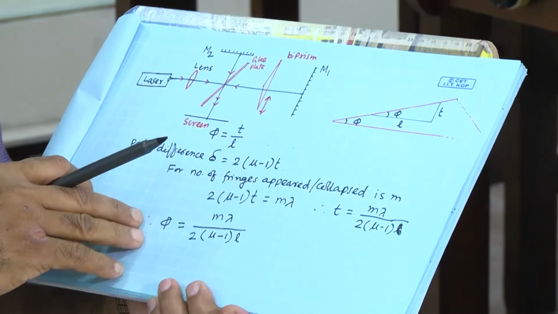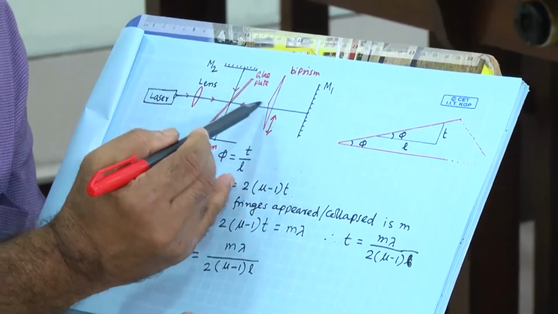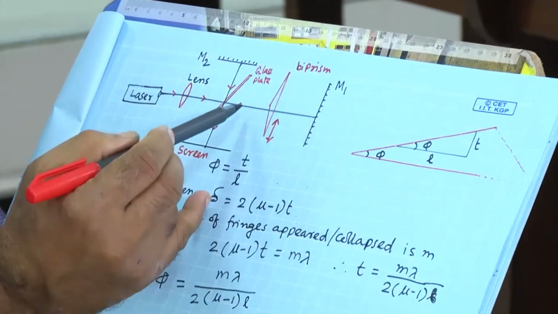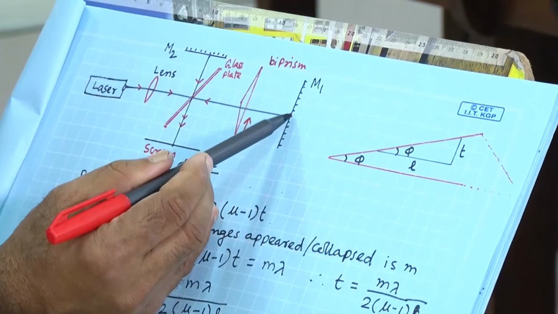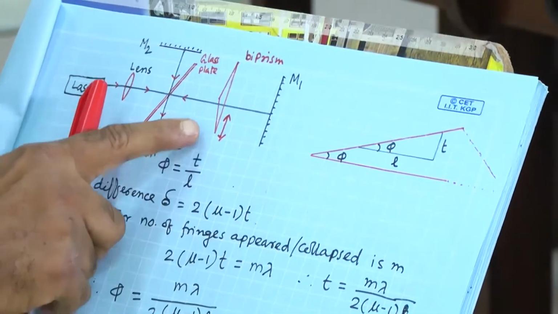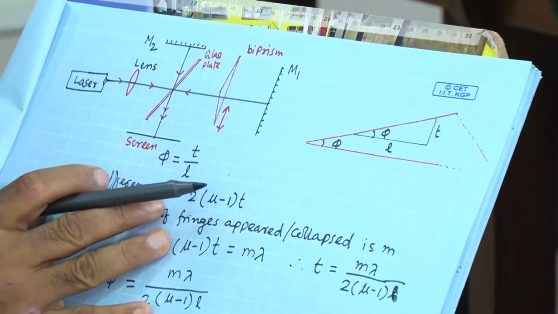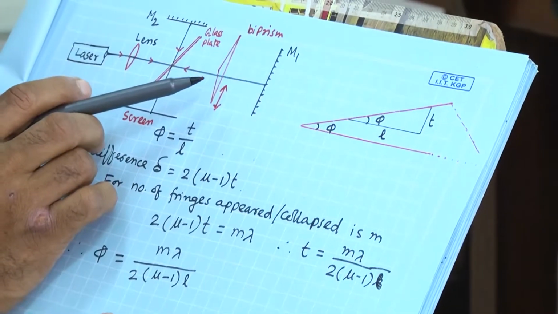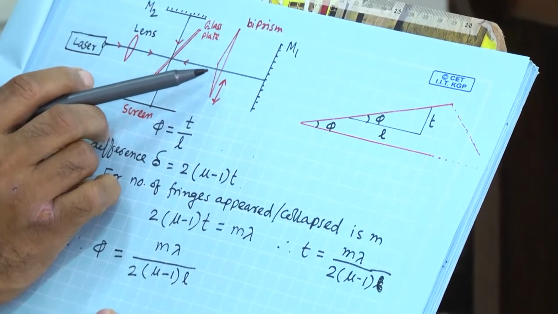To understand that, this is the setup as I showed you. In one of the arms we will insert the biprism. So, this is the biprism, we will insert it, right. Now, when we insert the biprism, what will happen?